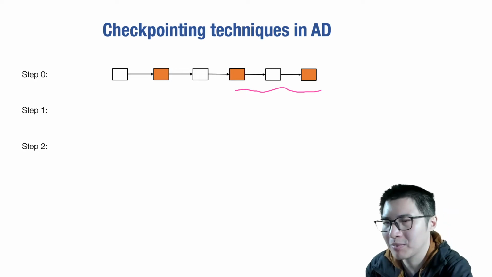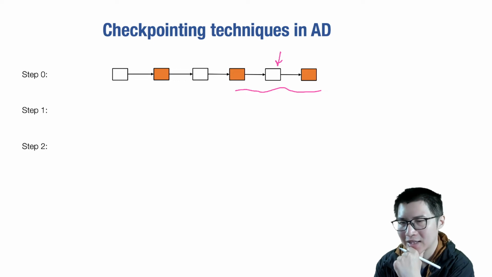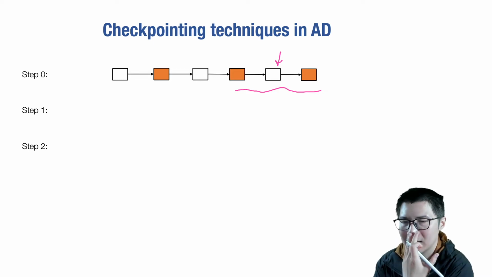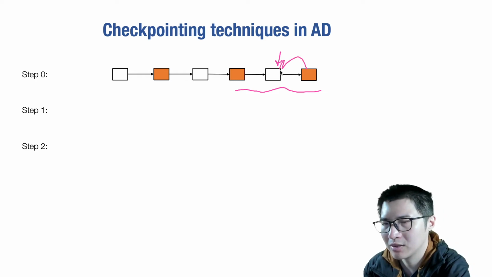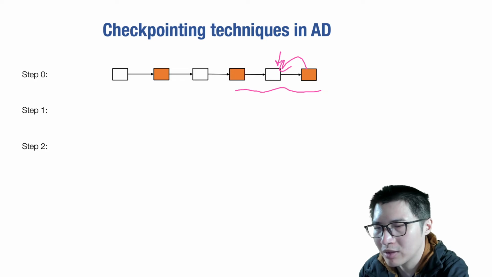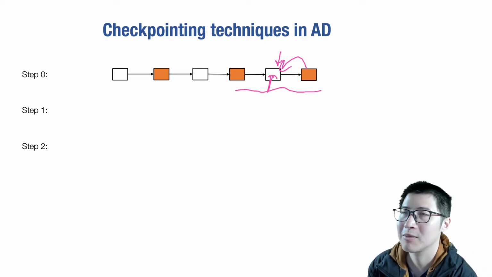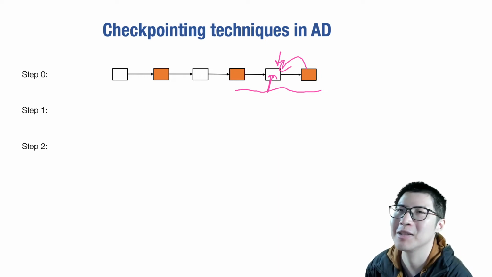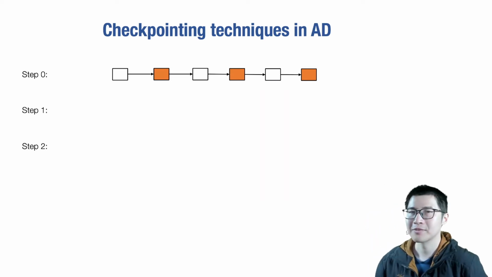Of course, I want to be able to compute a gradient with respect to this layer, right? However, in order to propagate my gradient values from here to here, I will likely need to know the value of this box. However, this box is empty now, so that means I no longer know the value in here because it's been deallocated. So what can we do?